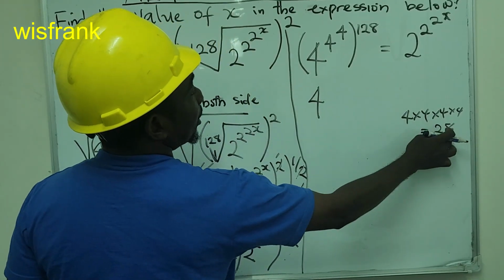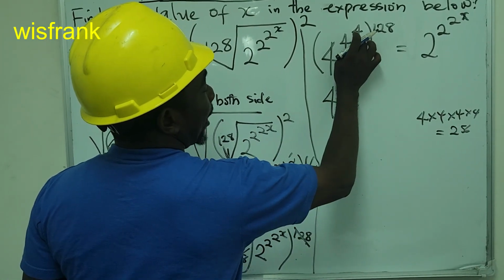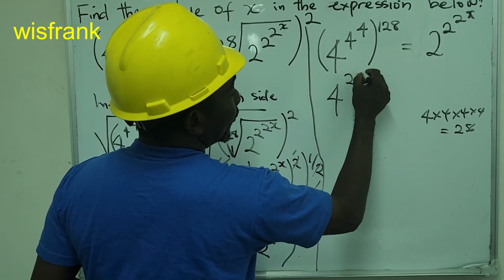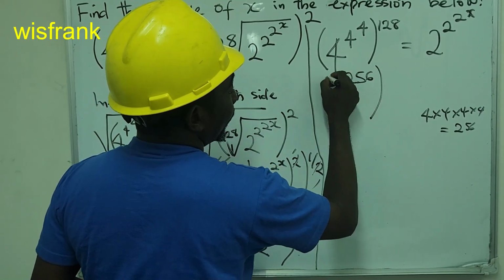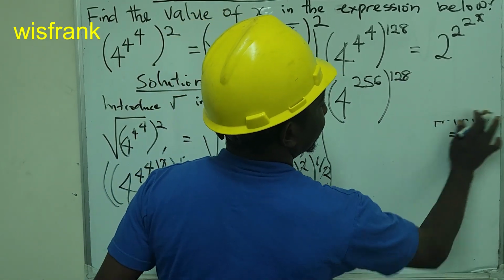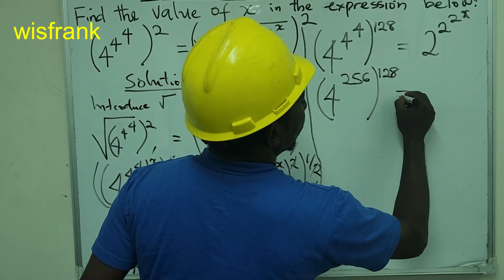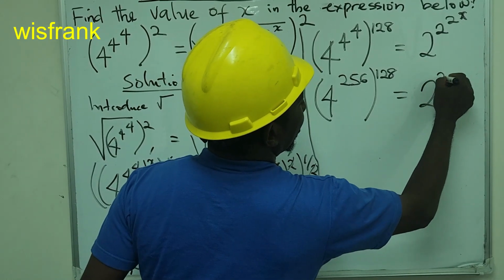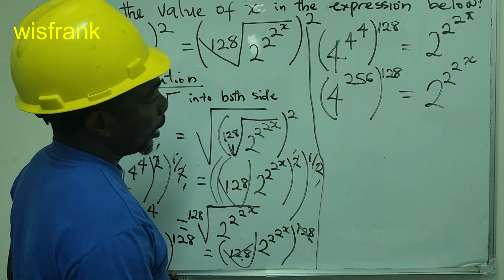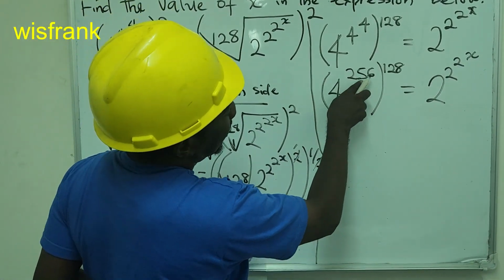So we are going to replace this by 256 into 128. So we then have it equals 2 raised to the power of 2 raised to the power of 2 raised to the power of x. Now we can still break this one down.